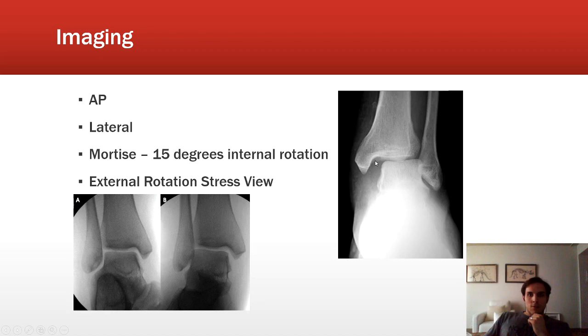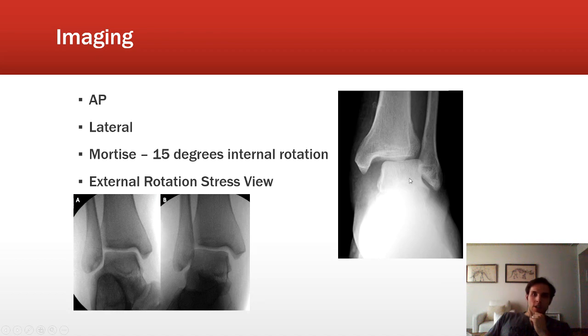It allows you to visualize medial clear space widening. Anything greater than 4 to 5 millimeters is concerning for deltoid ligament disruption, which is essentially a bimalleolar equivalent fracture. Instead of having a fracture through the medial malleolus, you have instability because the deltoid ligament is disrupted. So that's why this mortise view is really important.